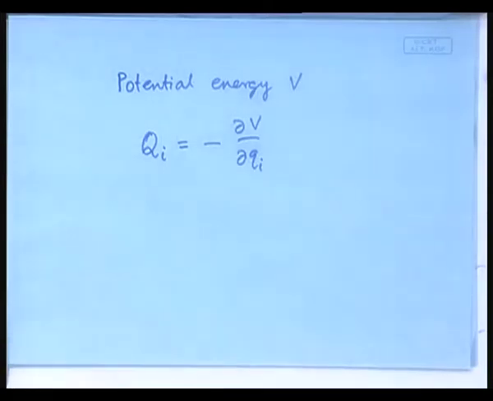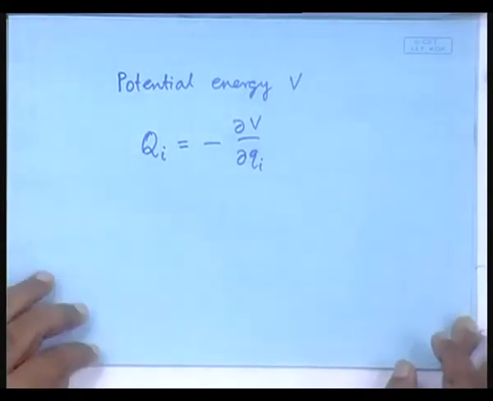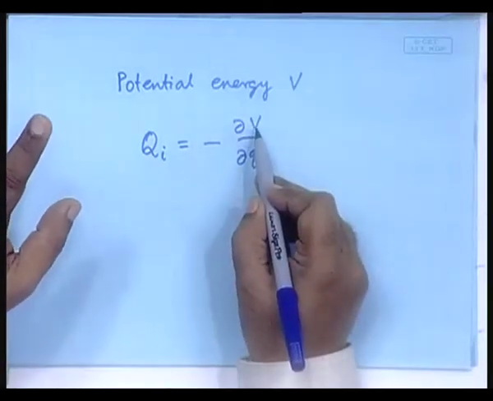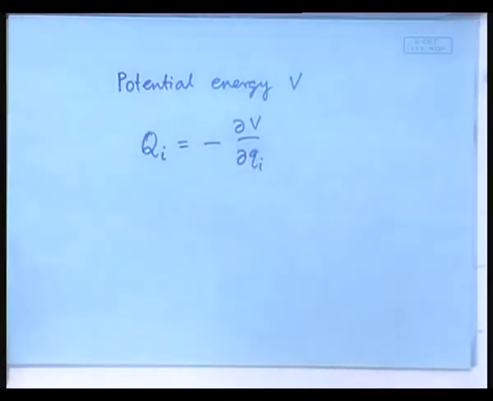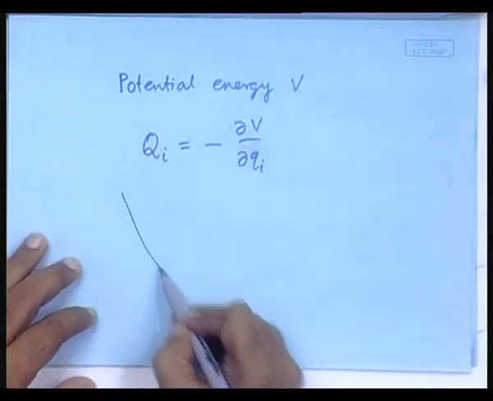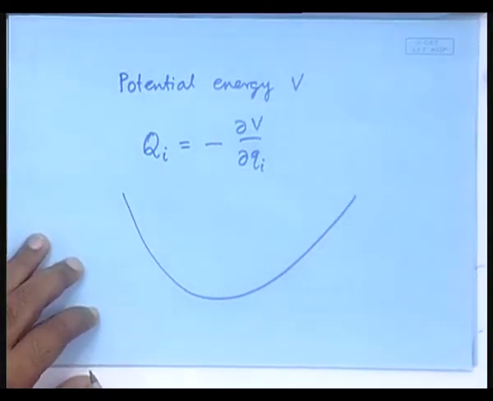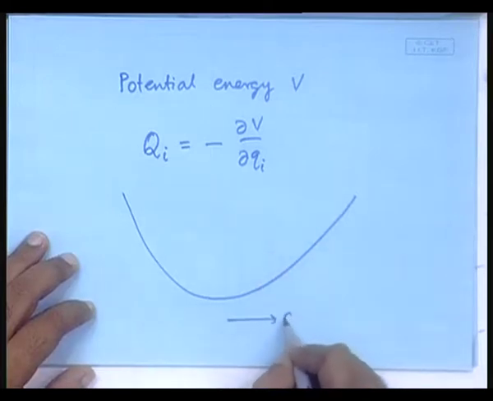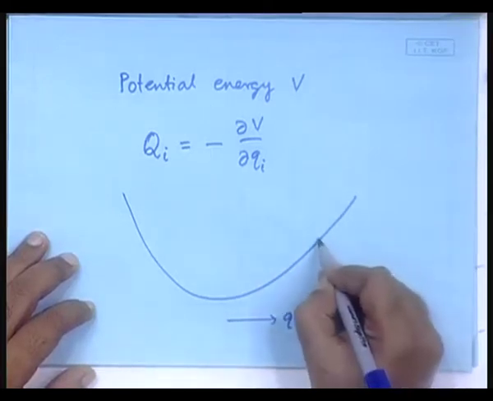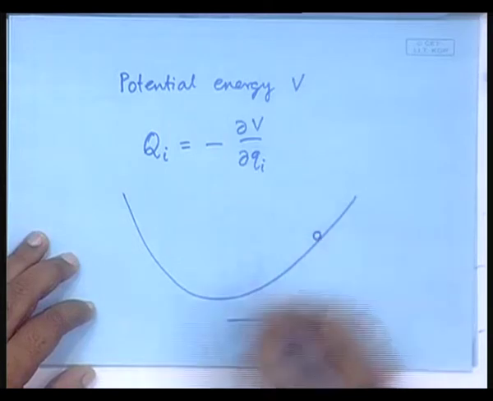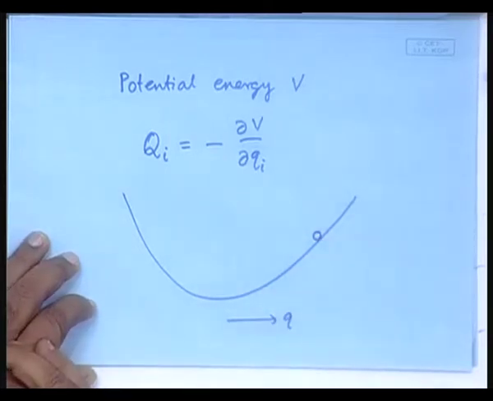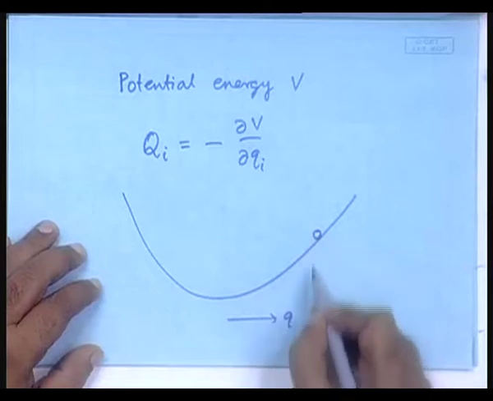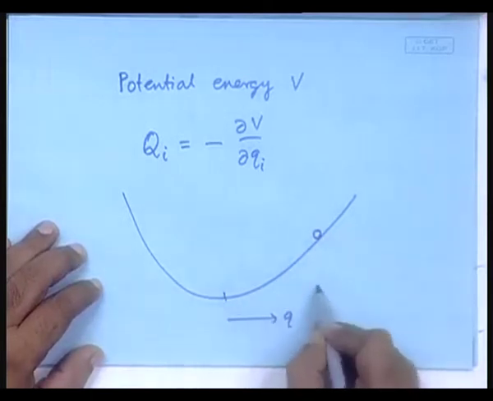But in general, in order to visualize, imagine it this way, the potential is like a potential surface. Suppose you have got a potential surface like this, and the body. So, this is the qi coordinate, and here is the body, say. So, the body's position in qi is this much from here to here.